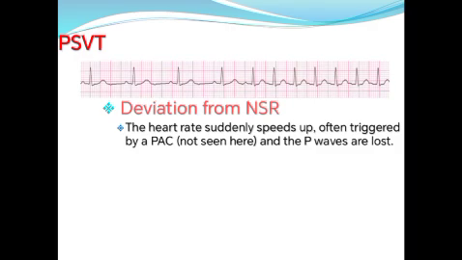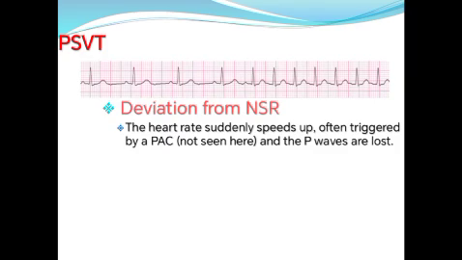About paroxysmal supraventricular tachycardia, it is also a deviation from normal sinus rhythm. The heart rate suddenly speeds up, often triggered by a premature atrial contraction. Here it's not seen, and the P waves are lost.